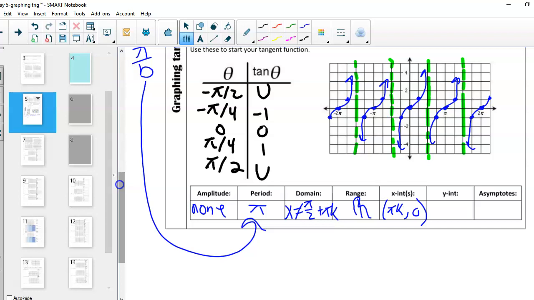In this case, our y-intercept would be at 0, 0. Your asymptotes and your domain kind of go together because wherever it doesn't equal, that's where your asymptotes are. That should have been a k instead. So x equals pi over 2 plus pi k.